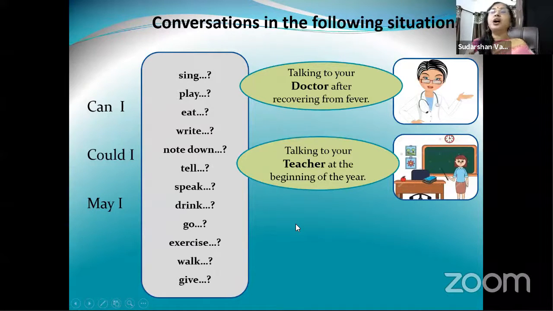I'll give you a minute or maybe 3 minutes to very quickly type in the chat box. You can type your answers, talking to your teacher at the beginning of the academic year.